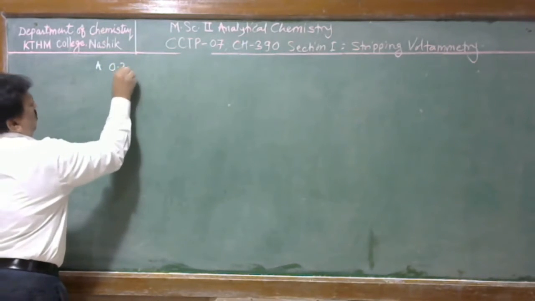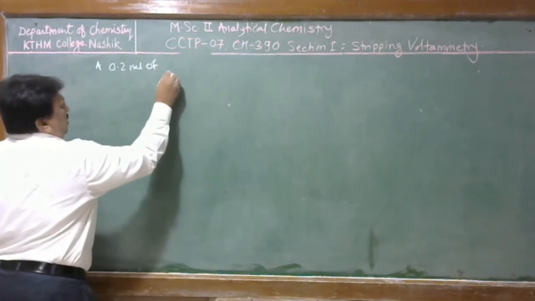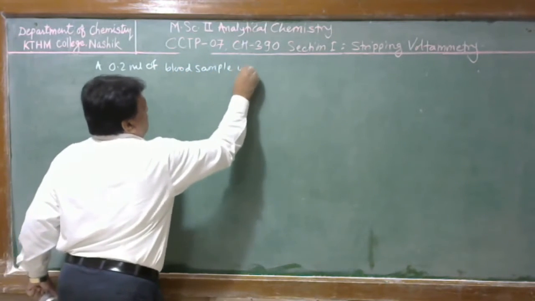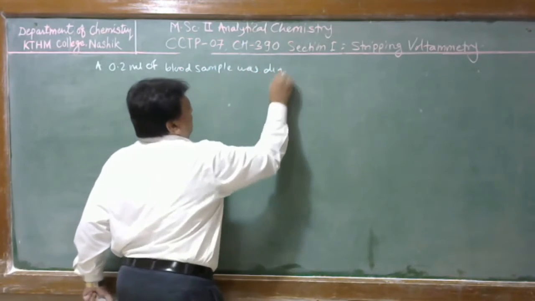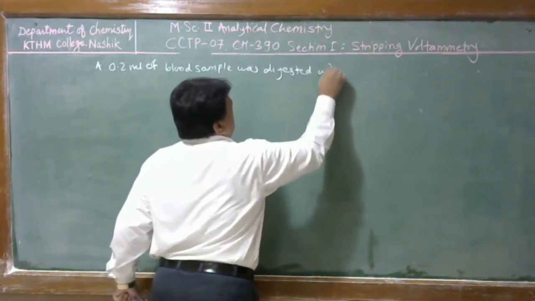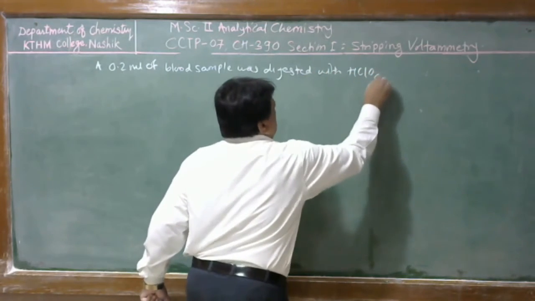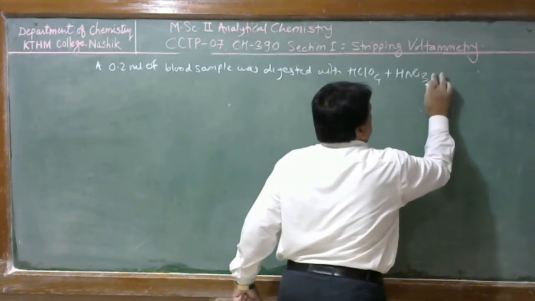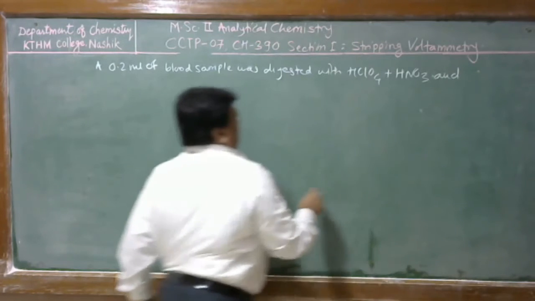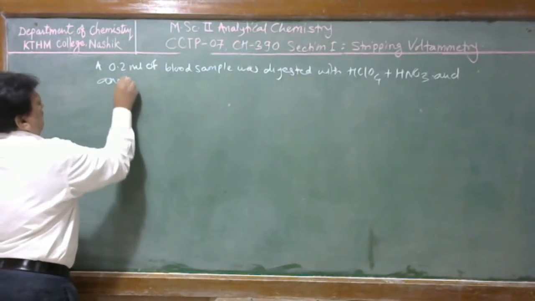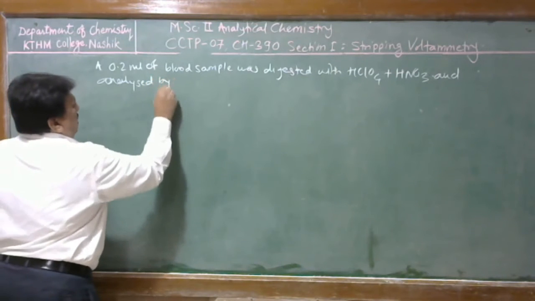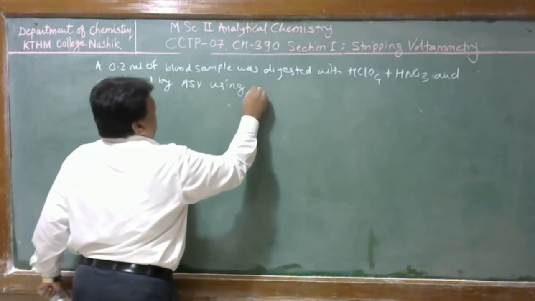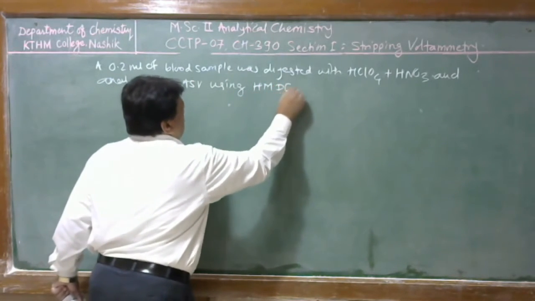A 0.2 ml of blood sample was digested with perchloric acid and HNO3 and analyzed by anodic stripping voltammetry using a hanging mercury drop electrode.